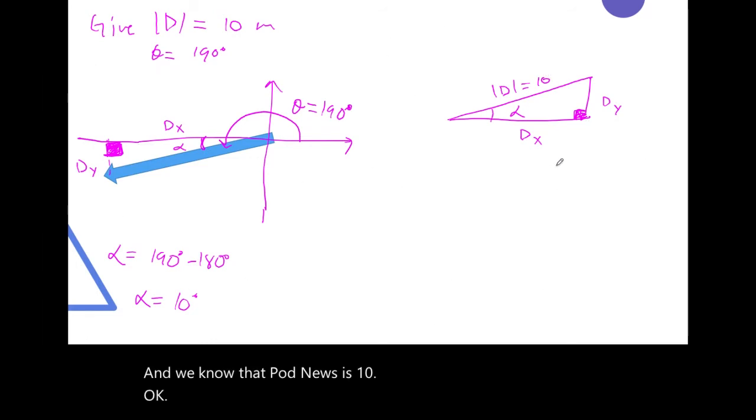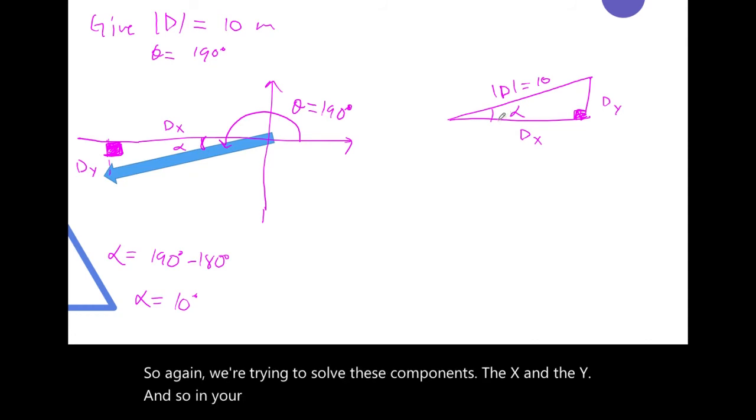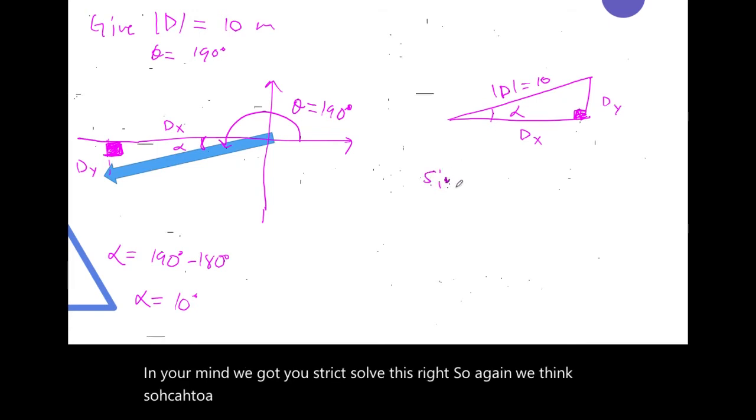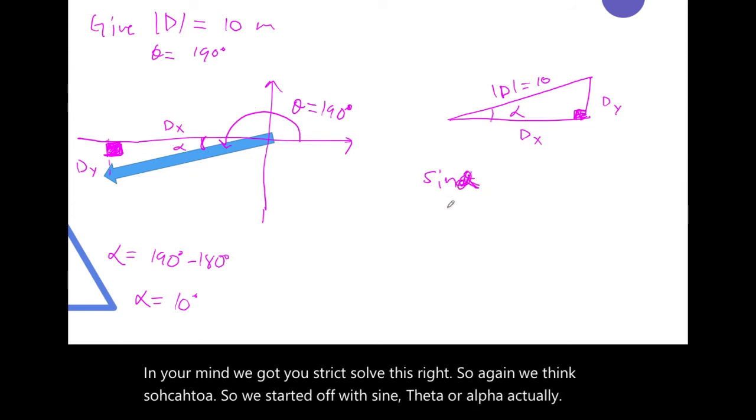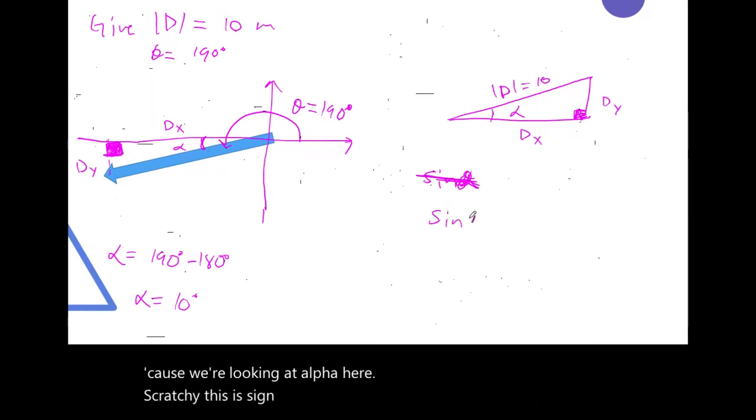Okay, so again, we're trying to solve these components, the x and the y. We've got to use trig to solve this, right? So again, we think SOHCAHTOA. We start off with sine of alpha.